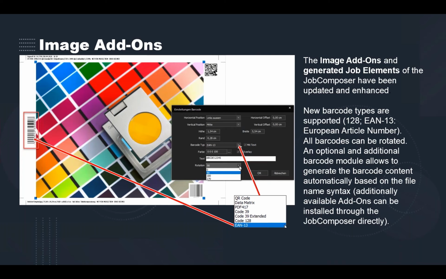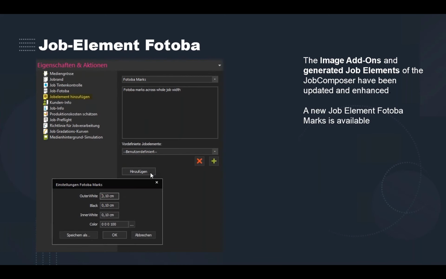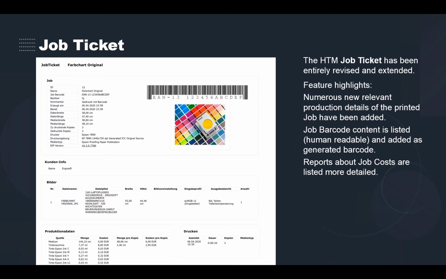Another thing that will come in this version is new barcode support, plus the possibility to rotate. So it will be an improvement on image add-ons. Another job element will be implemented, that is for photo marks. Plus, the job ticket has some improvements.